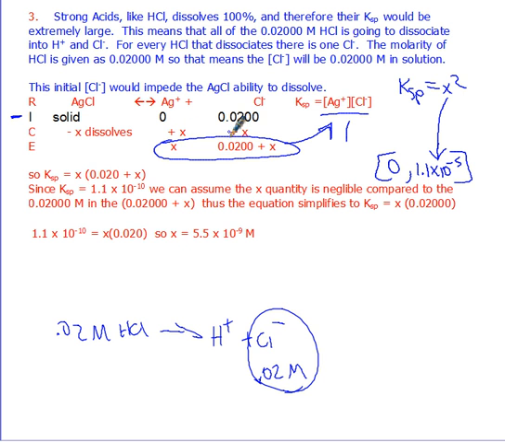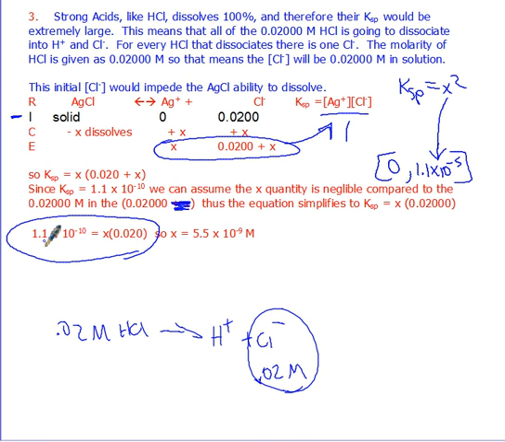And what is a tiny value of x plus 0.02? It ends up still being 0.02. So it simplifies the math down. You can get rid of this x term and just use 0.02 for the chlorine. And that's what's going on here.